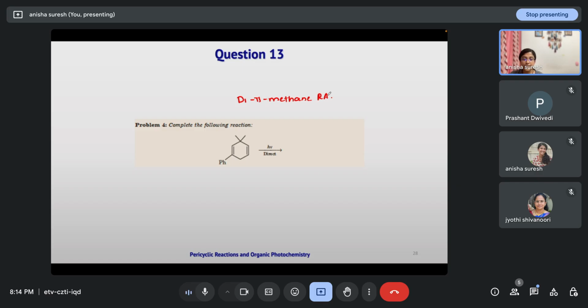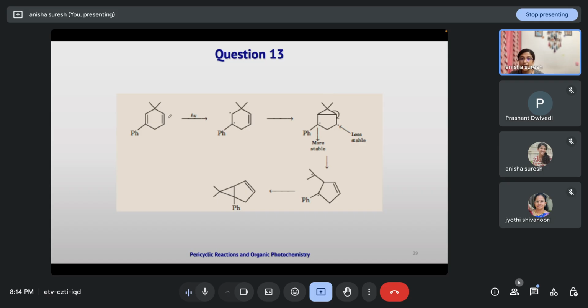Okay, so how is it taking place? What will be the final product? Let us see the mechanism. So here, upon irradiation, these radicals will be forming, or we can say it will lead to formation of the tetra radical like this. Okay, then these two radicals will recombine, leading to formation of a cyclopropane.